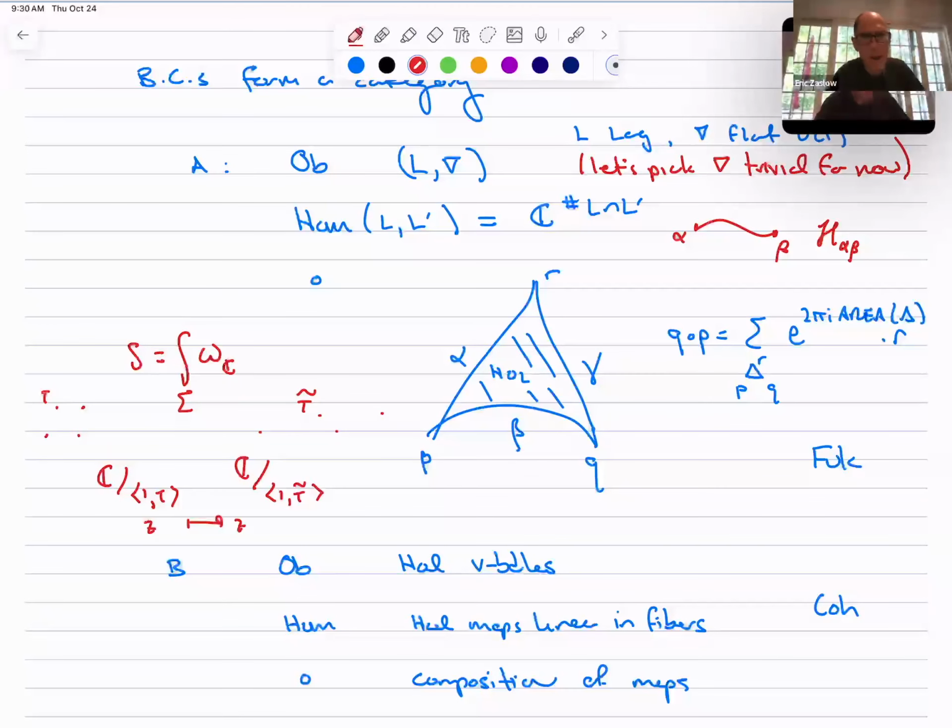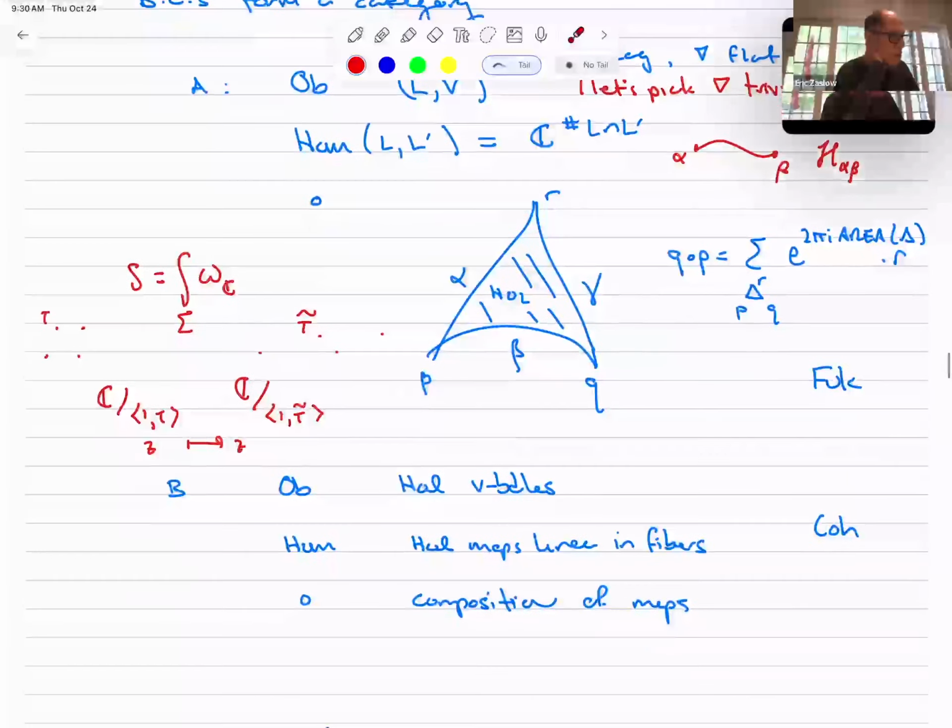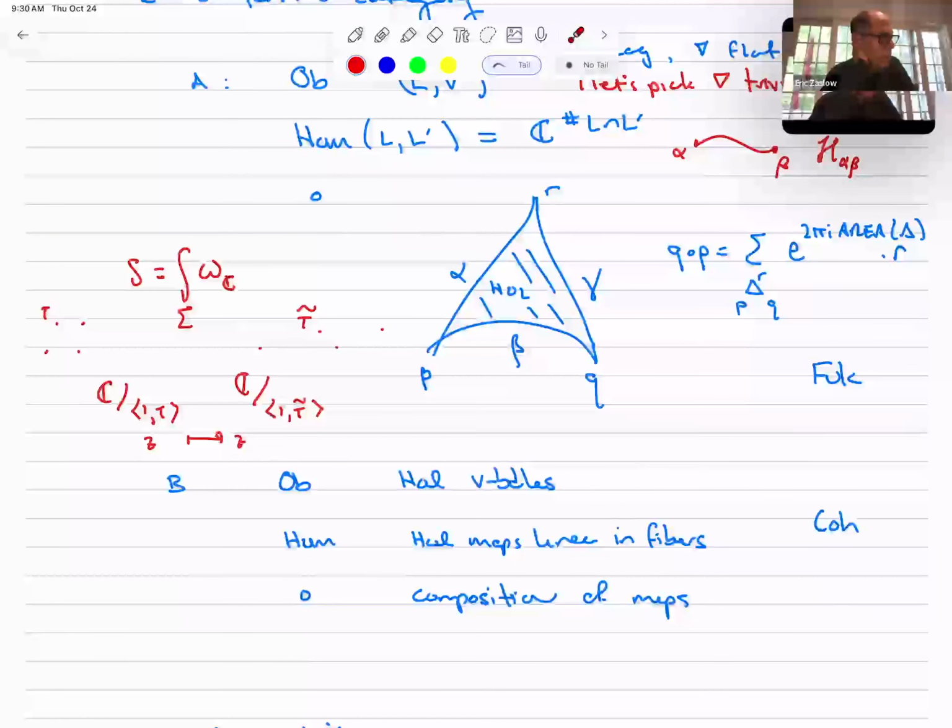That's a complex analytic map, but it doesn't respect the lattice equivalence. Here on the left side, I'm equating z and z plus 1 and z and z plus tau. And on the right side, I'm equating z and z plus 1 and z and z plus tau twiddle. But because tau is not the same as tau twiddle, that equivalence is not going to be respected by that map. It's actually not well defined on the quotient.